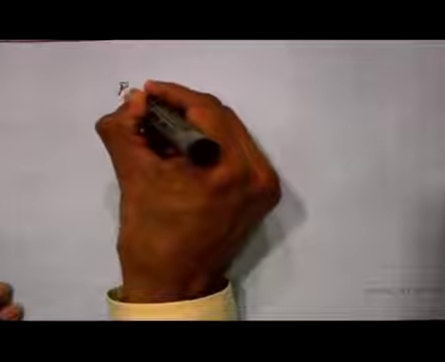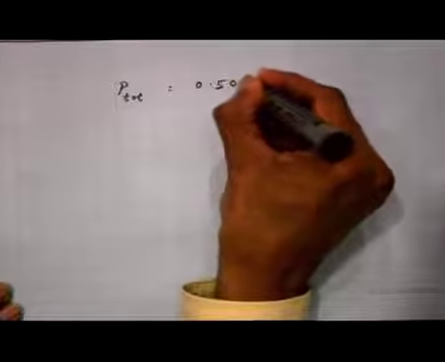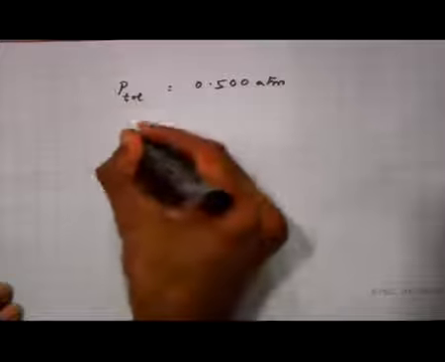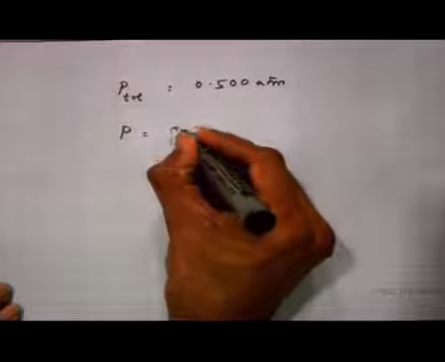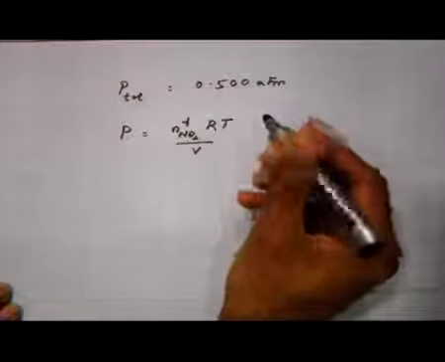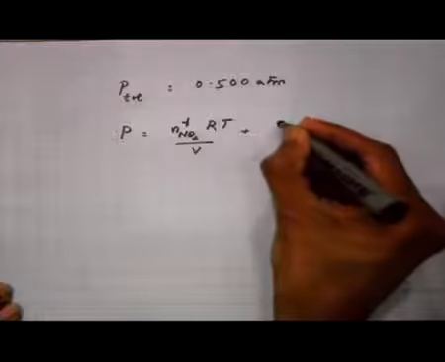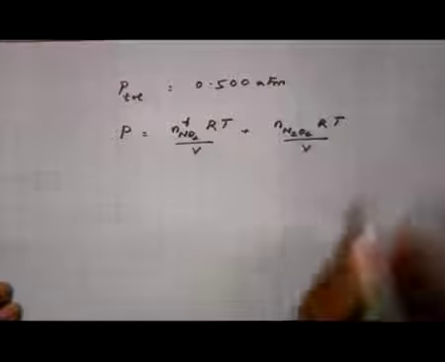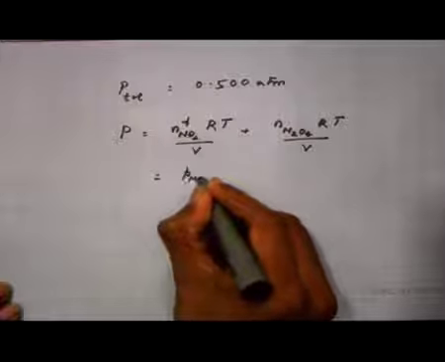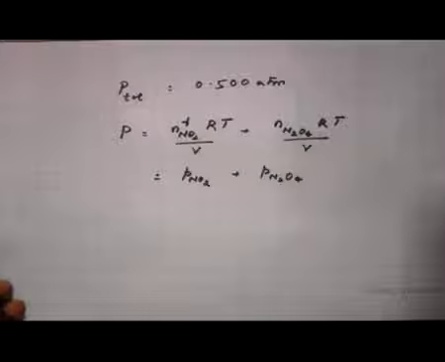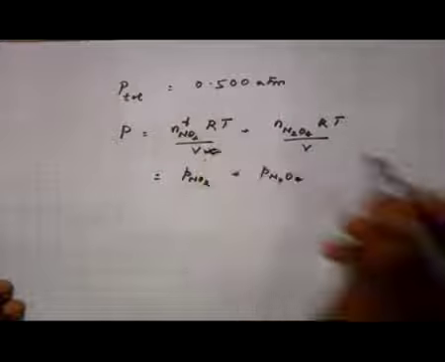We know that the total pressure is 0.5 atmospheres, and we also know from Dalton's law that P is equal to n NO2 final RT over V plus n N2O4 RT over V, that is P NO2 plus P N2O4, right. So, we have been given the volume, which is 10 liters.